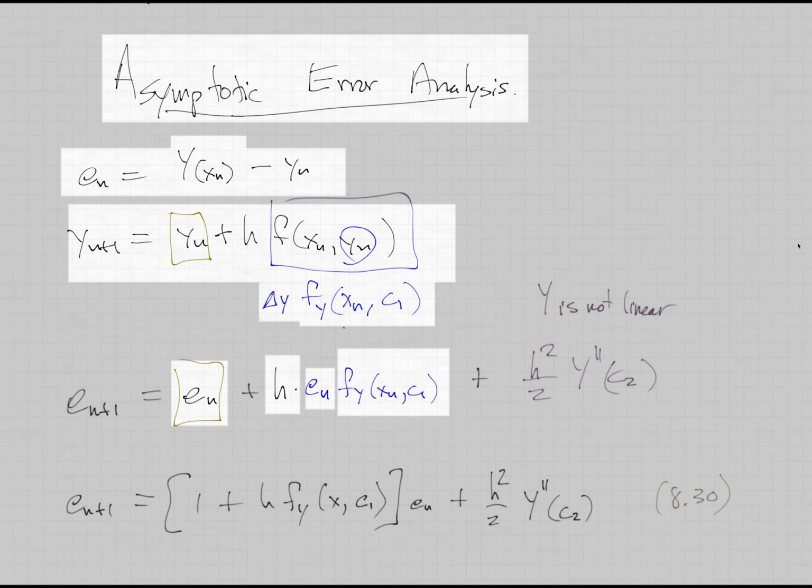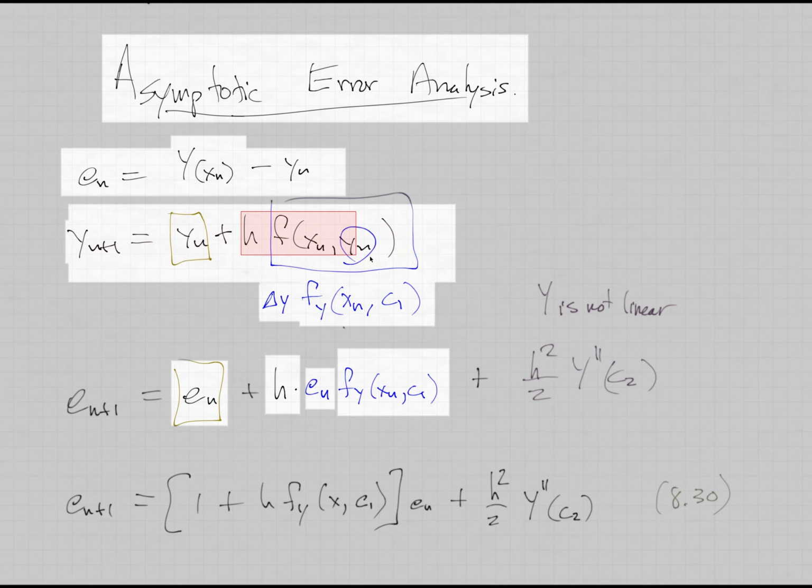Finally, we also have the new error that's introduced, called the truncation error, and that arises because the solution y is not actually a straight line, so we cannot exactly calculate yn using this formula, right? It's not going to be exactly equal to the old yn plus h times some slope because this is not a straight line. Its slope is not constant.